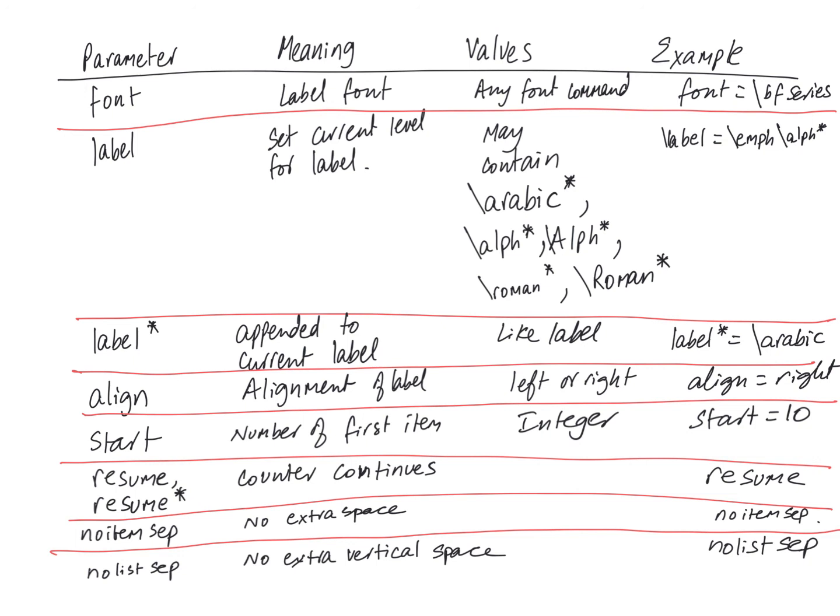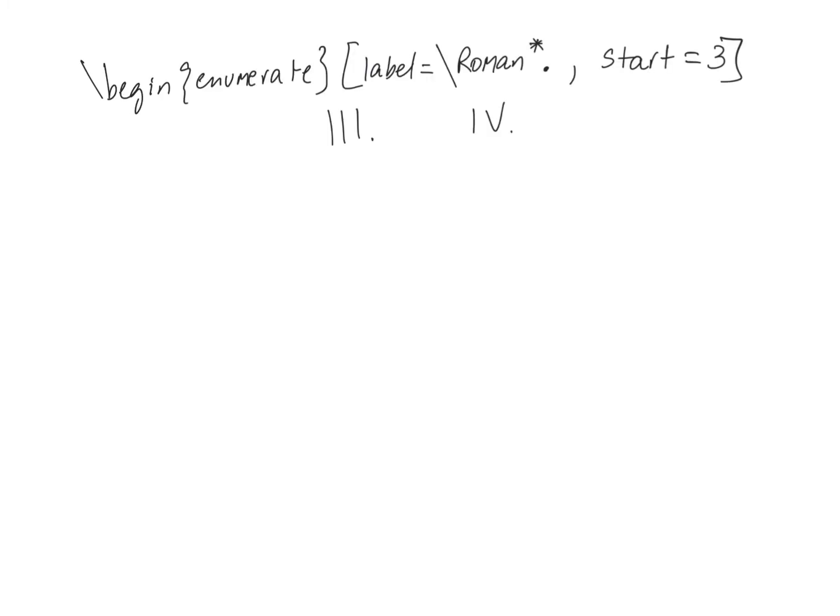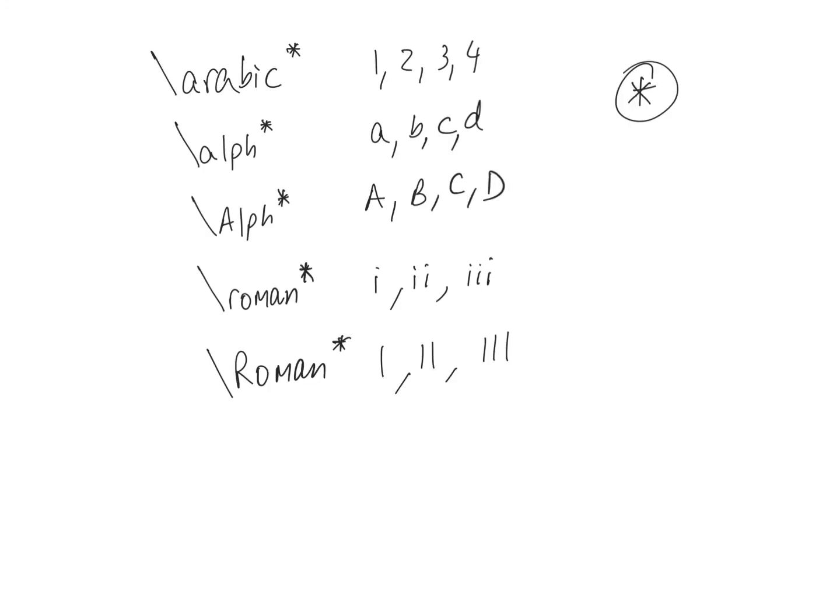Like for example, if I wanted Roman numbers, I could begin my enumerate. So these are just a few options. The star option is just to avoid the confusion with the LaTeX command with a similar name.